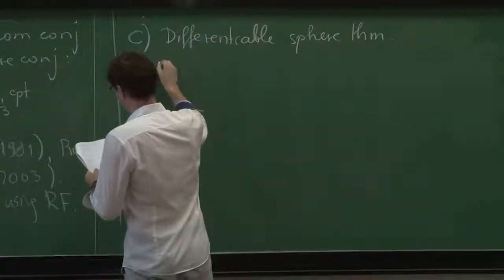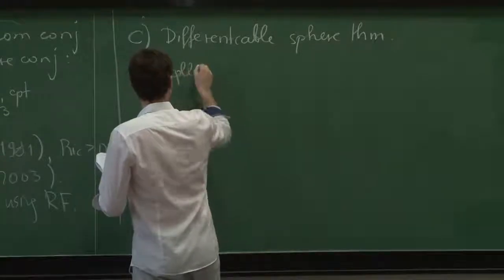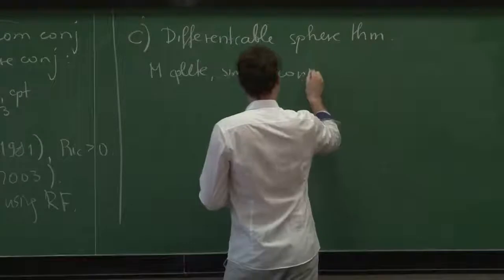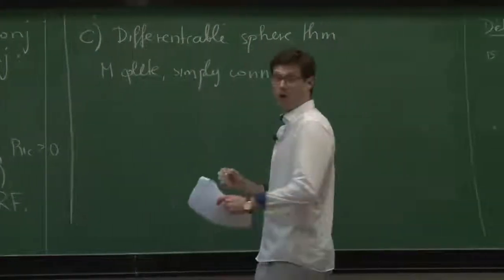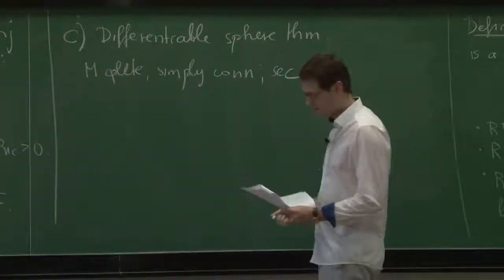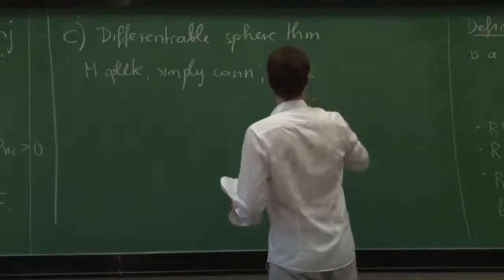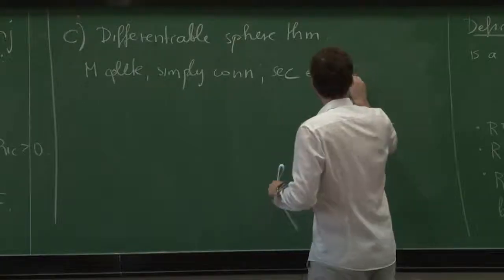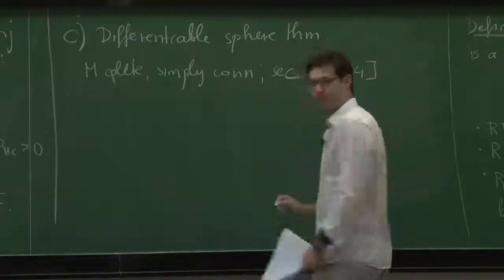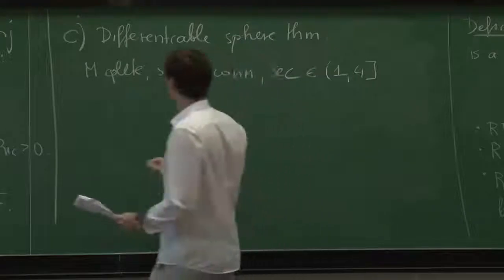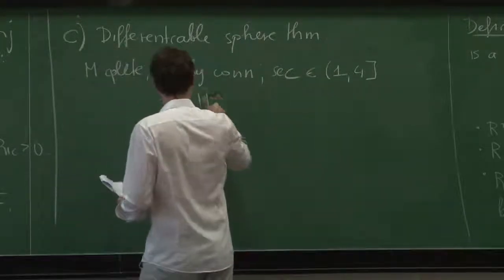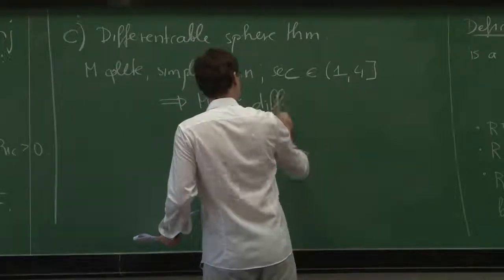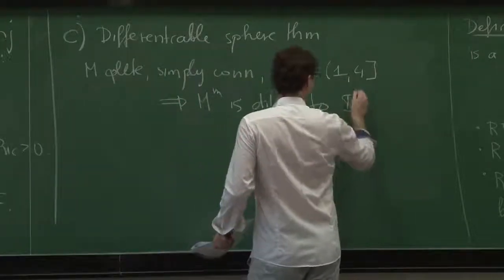So we have a manifold which is complete, simply connected, and the sectional curvature is pinched, which means it's pinched away from 0 and stays somewhere between 1 and 4. Then M is not just homeomorphic, it is actually diffeomorphic to the sphere.